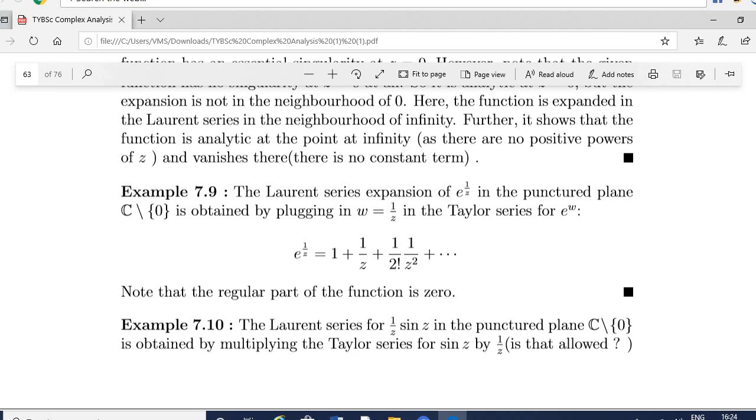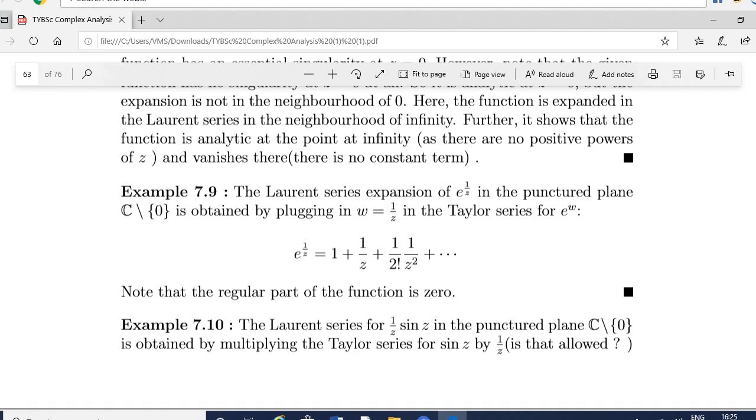The smaller radius is 0 and the larger radius is infinity. Now just plug in w equal to 1 over z in the Taylor series for e raised to w. So you get e raised to 1 over z equals 1 plus 1 over z, in place of z you get 1 over z, plus 1 by 2 factorial, 1 by z square and so on.